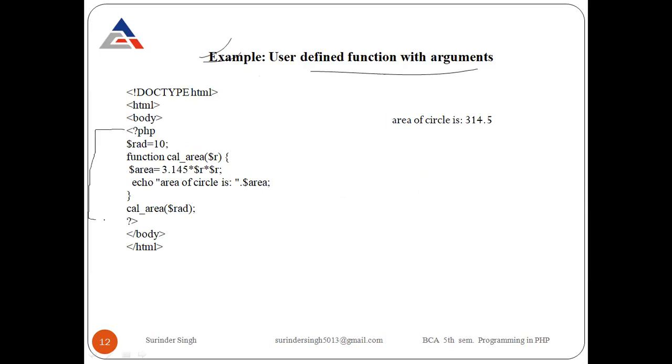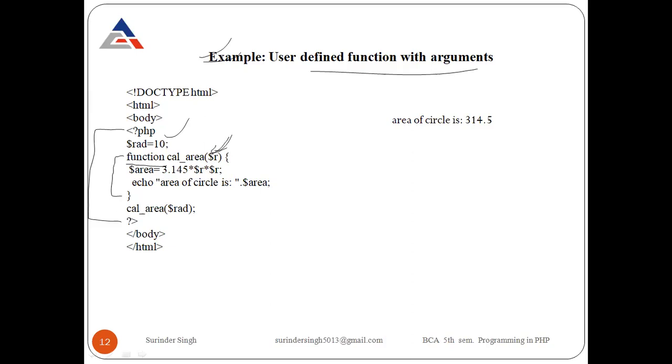Here this is PHP code, and here we have a radius variable rad having value 10, and we have created a function by using the function keyword, named cal area. This function is calculating the area of a circle. Clear? This is the function definition. This function accepts one argument r.